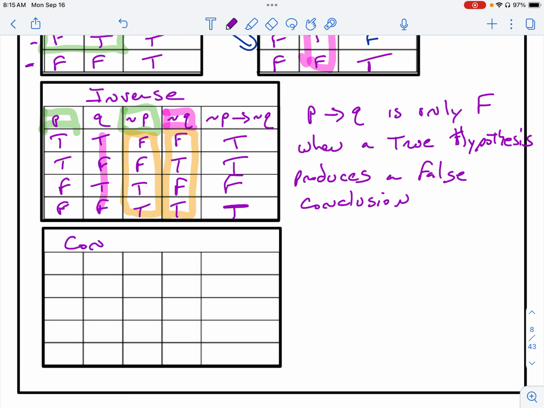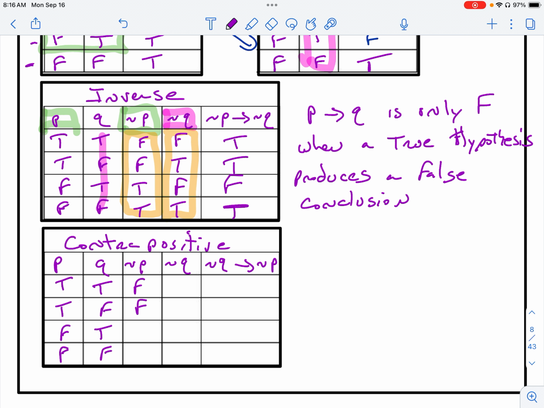And we're going to do the contrapositive, except we're going to spell it correctly. So starting the same way, we're going to do P, we're going to do Q, not P, not Q. But then we are going to compare not Q first to not P. So we go true, true, false, false, true, false, true, false.